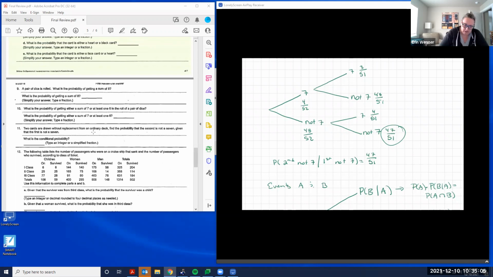And so if I wanted to know what is the probability of not 7 first and second, and say they were asking that question, then I would be taking these two probabilities and multiplying them together, because that's an intersection of the event.